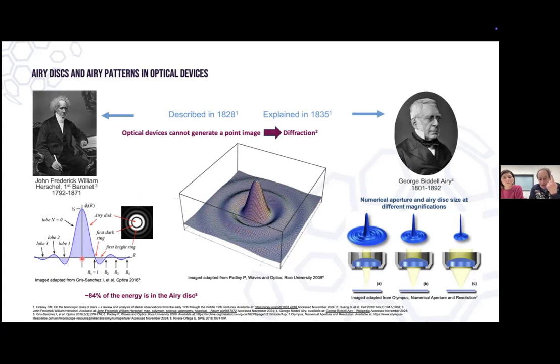This is a single point light source, but it's spread. And then there are these positive and negative ripples. Now, depending on the quality of the system, this central peak is going to be narrow and very high, or broad. These are the Airy discs, not because they're made of air, but because the person who described them was George Airy.